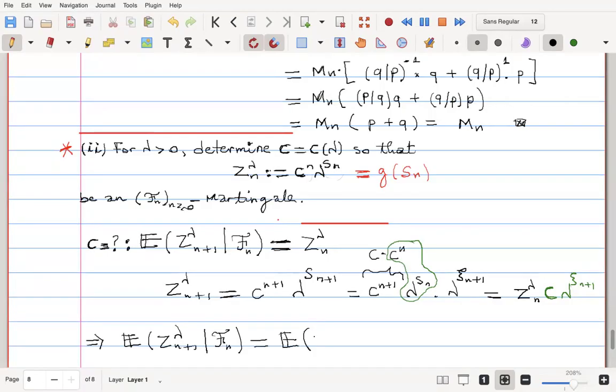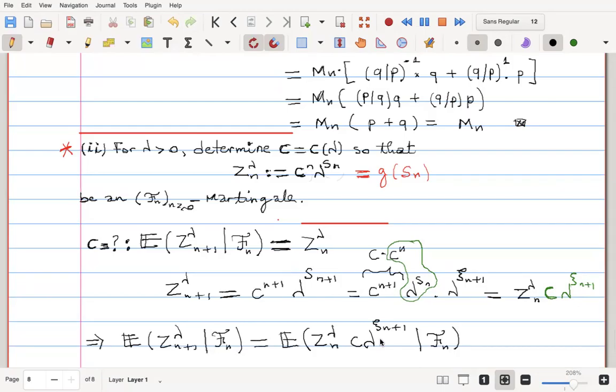Of Zn lambda into C lambda psi n plus 1 given f sub n.